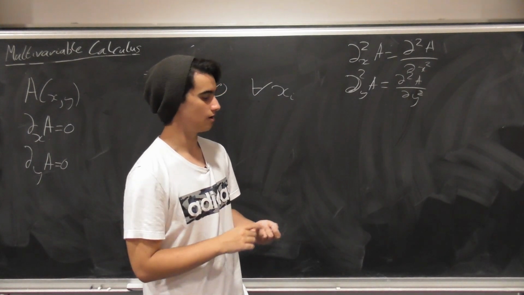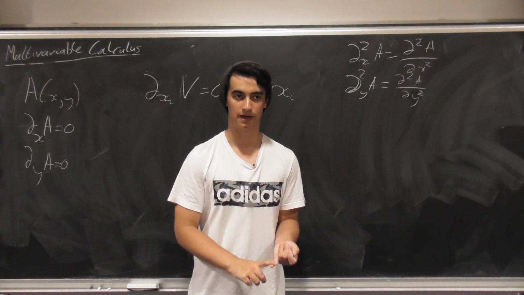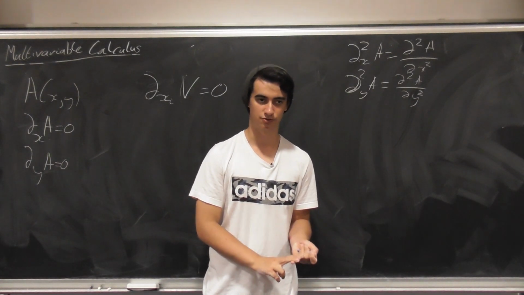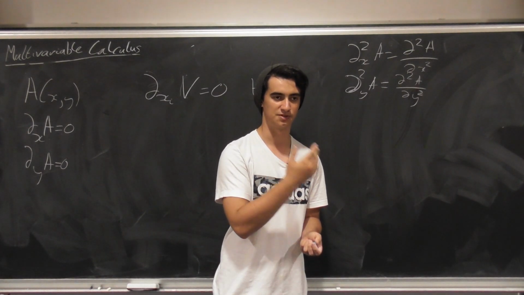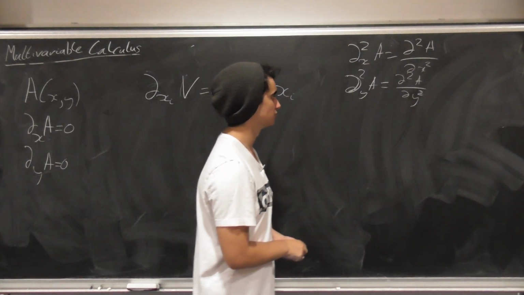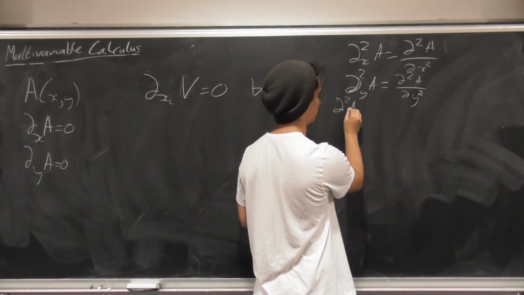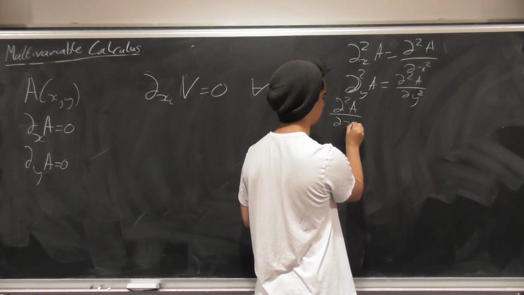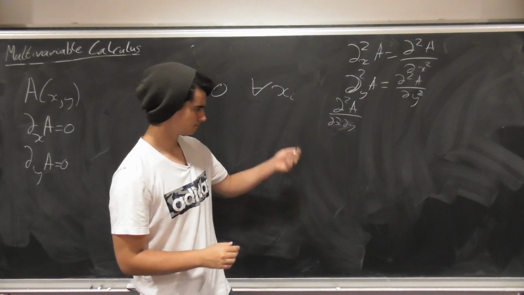So we could take the derivative with respect to x of a, and then another derivative with respect to x. Why can't we take the derivative with respect to x and then the derivative with respect to y, for instance? So we'd end up getting d squared a, partial x, partial y.